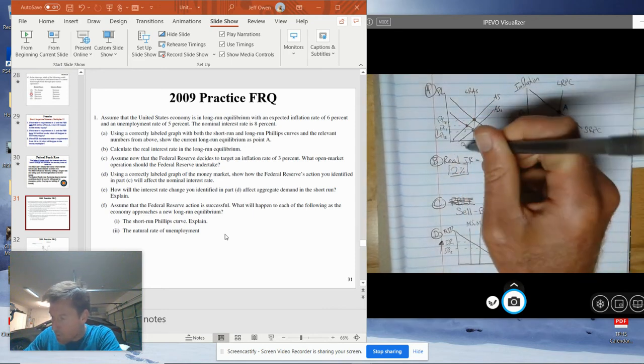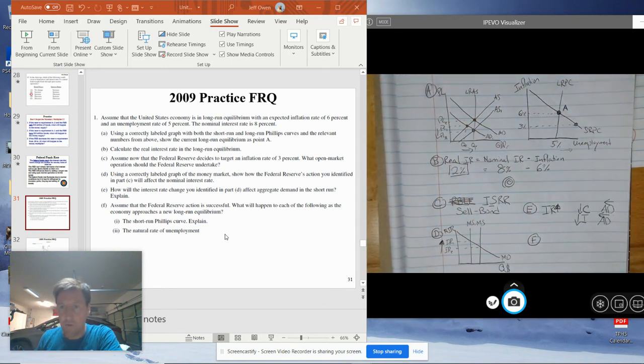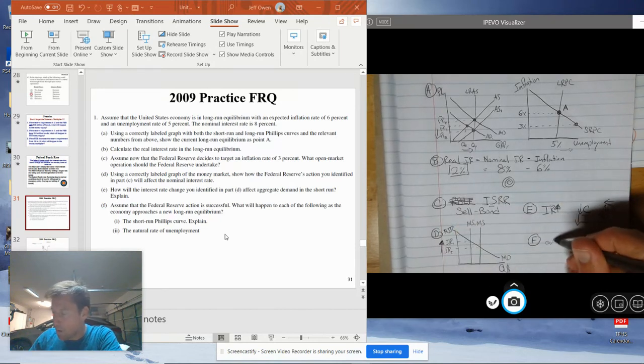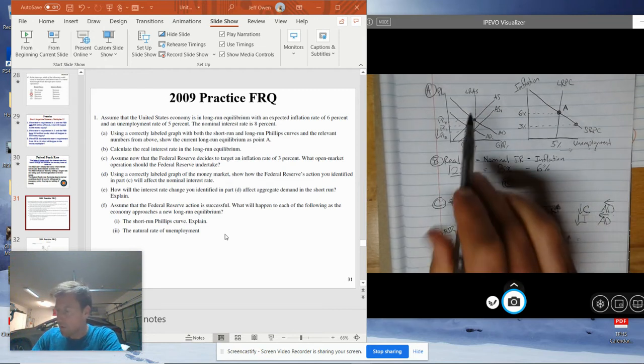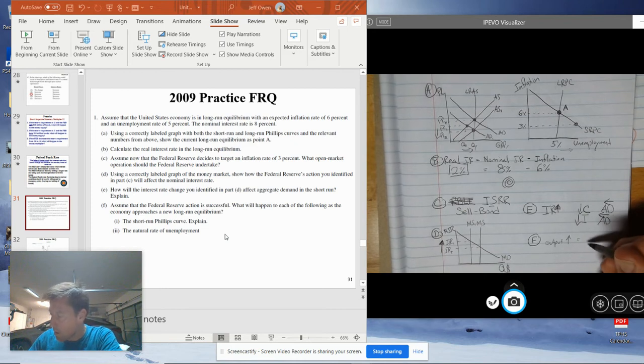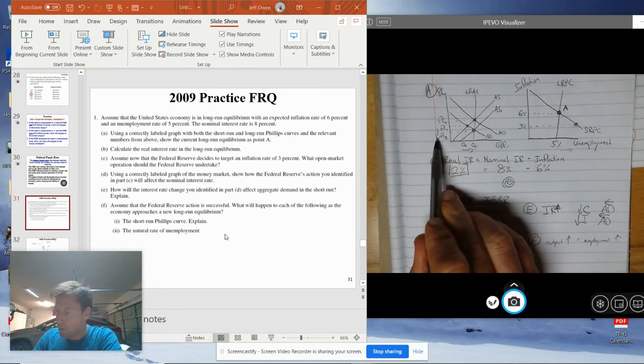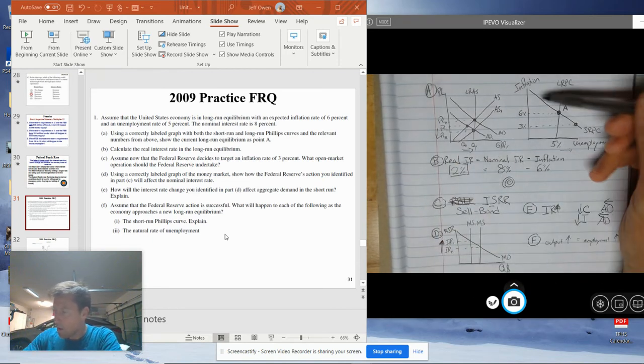So price level decreased and our output increased. And we can always remember from those cheat sheets that if our output increases, the only thing that we can really change in the short run, that's happening right here, is our employment. It has to go up. So price level went down, employment went up.